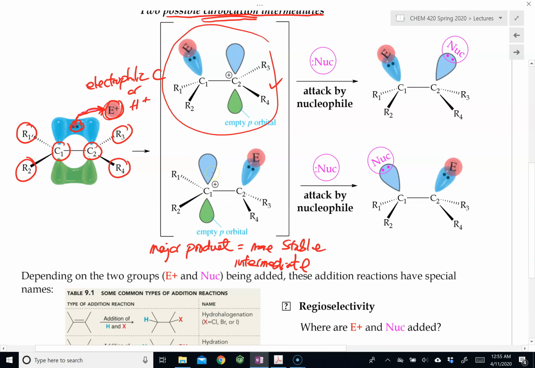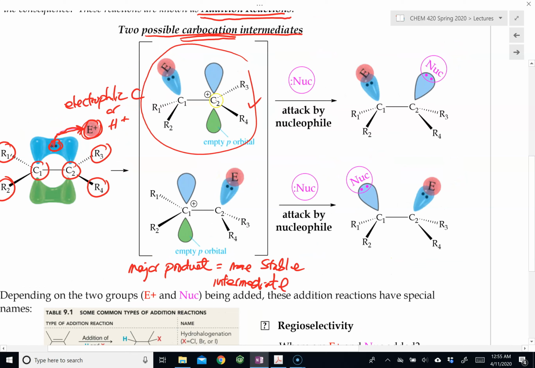And once we form these intermediates already, then now we can see that this carbocation right here is a good electron acceptor. So therefore, if we were to have some sort of reagent in the reaction that can serve as a nucleophile, the nucleophile will then come in to attack this carbocation right here.